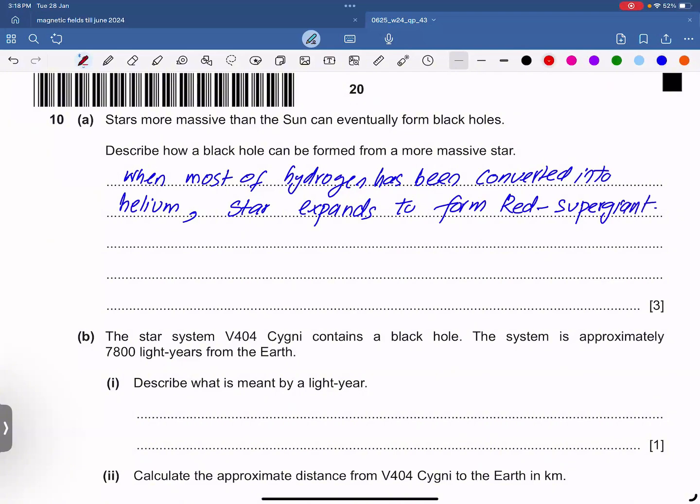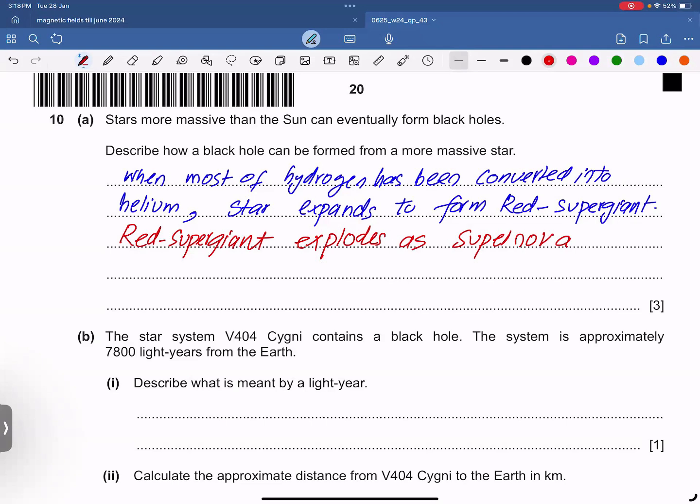Then what happens, my dear students? This red supergiant explodes as a supernova.